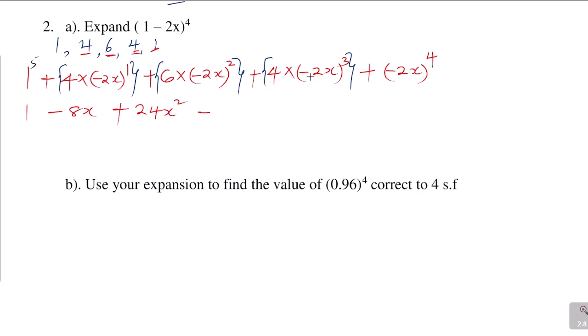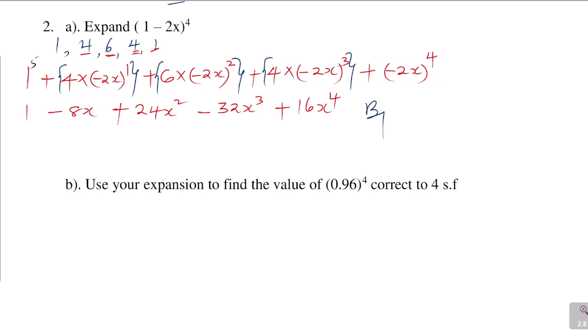The next one will be negative: negative 2x cubed gives negative 8x cubed, times 4 gives negative 32x cubed. And then the last one, negative 2x raised to power 4, will be 16x to power 4. So that is how you're supposed to expand that, and you get a mark for that.